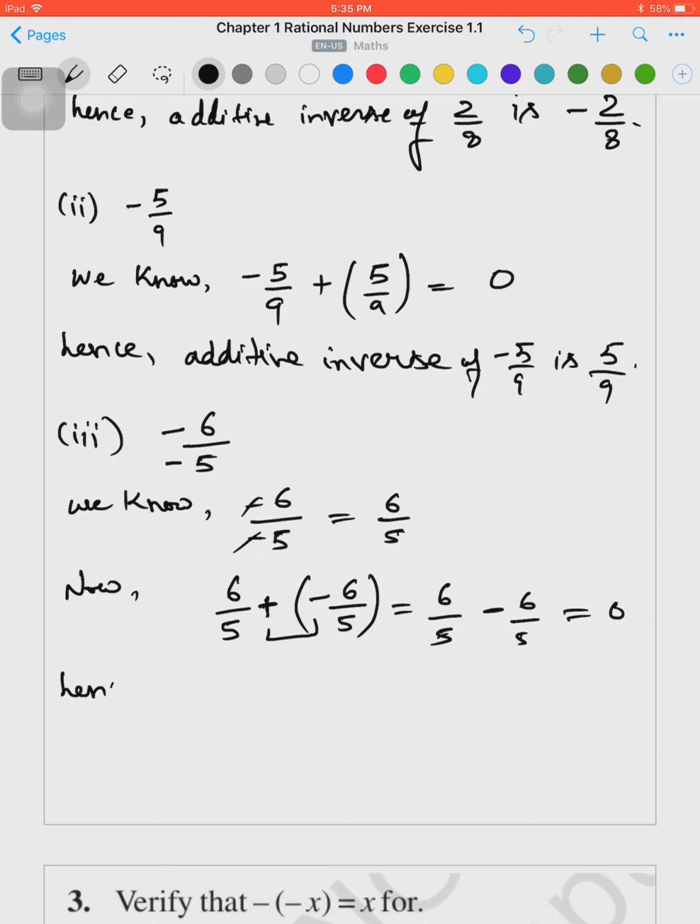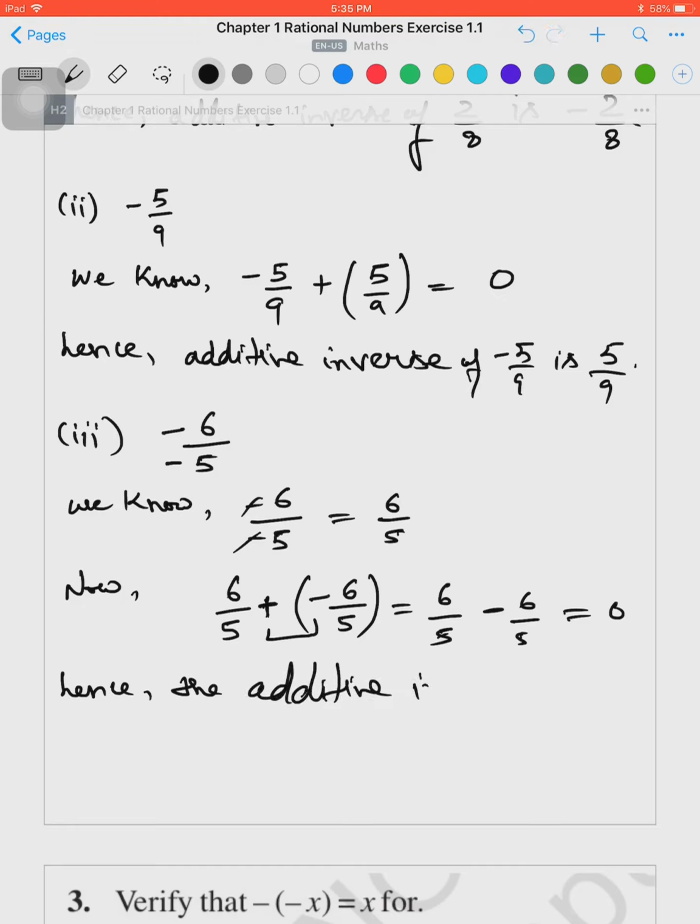So write, hence, the additive inverse of minus 6 by minus 5 is minus 6 by 5. That's our answer. That's how we have to write the answer for this question.